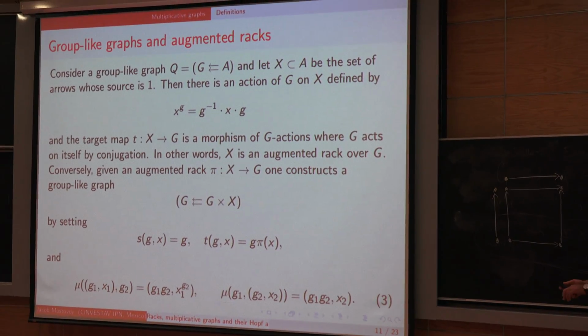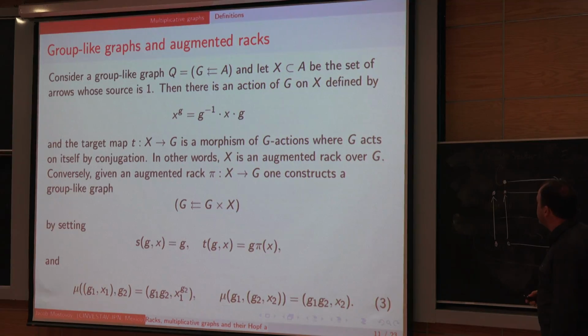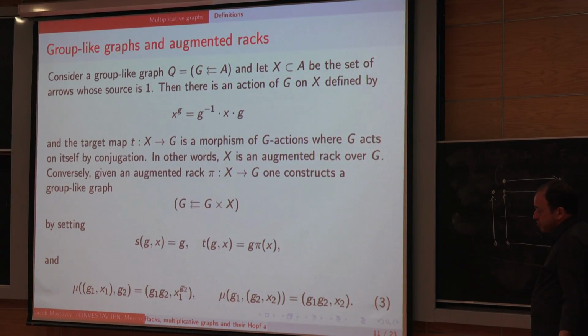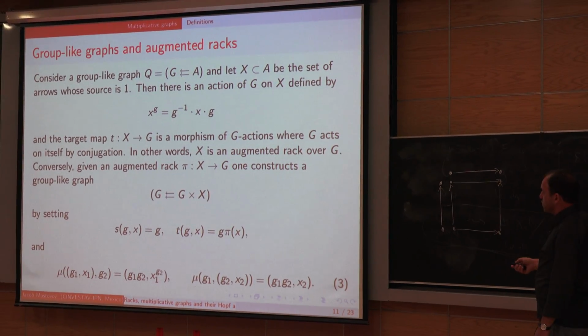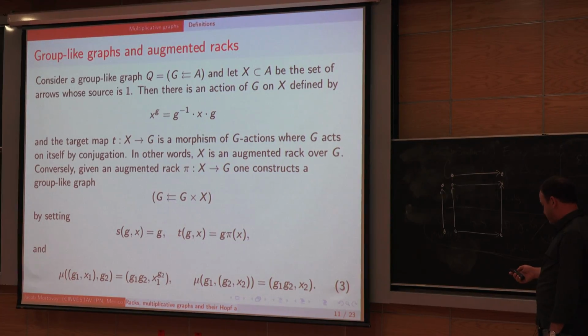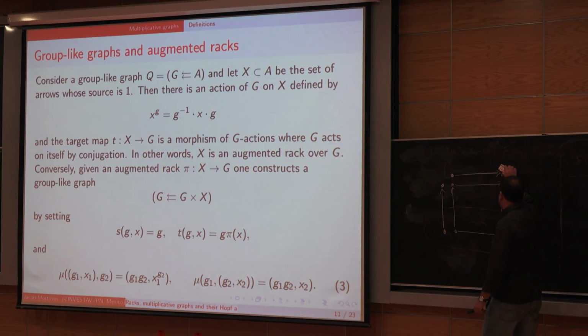I mean, I don't have anything to draw. And this way we get an augmented rack. And conversely, if we have an augmented rack, it's quite straightforward to construct the corresponding multiplicative graph. So far, this means that we really didn't do anything new, seemingly.